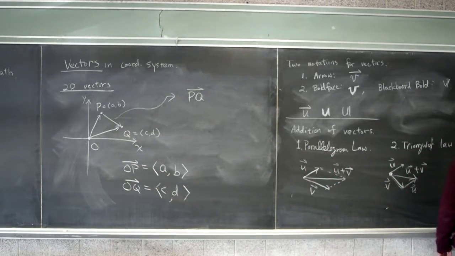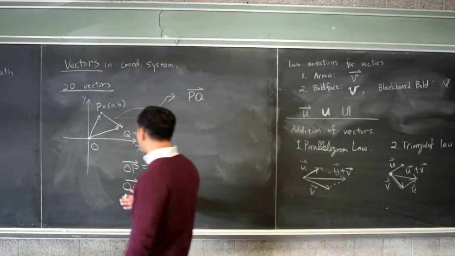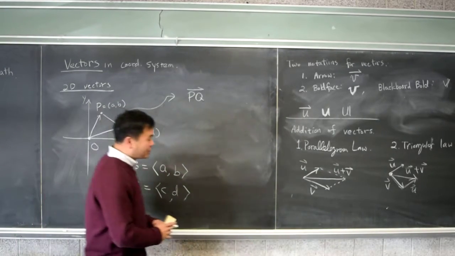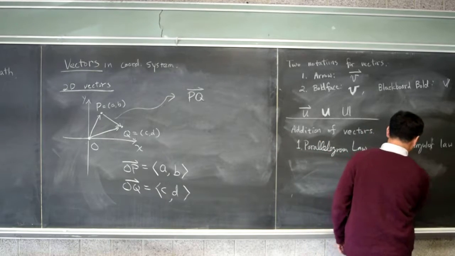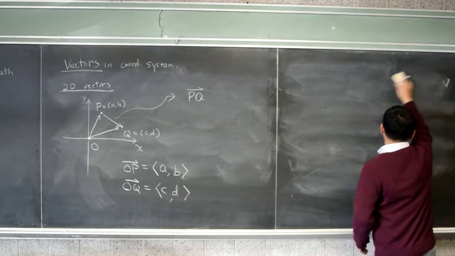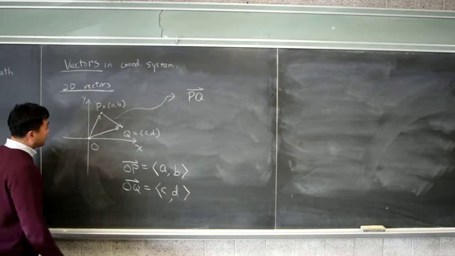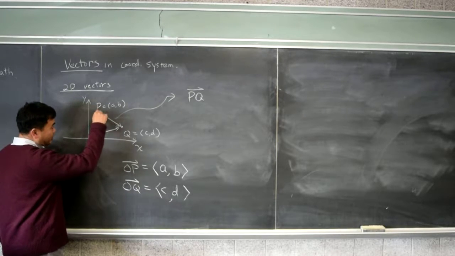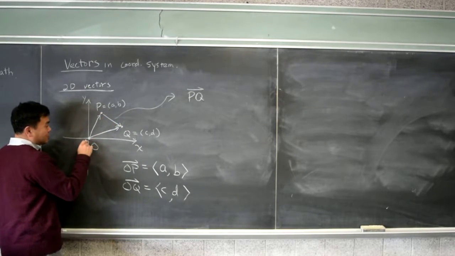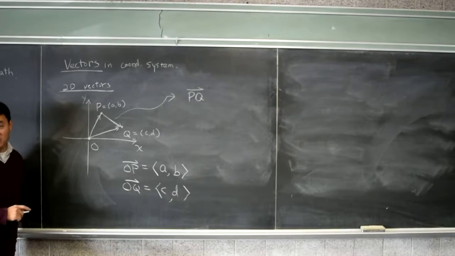All right. Now, for those of you who usually learned only the parallelogram law and did not care much about the triangular law, this is a good time to see the value of the triangular law, because you see here this is OP, that's PQ, and if you add OP plus PQ using the triangular law, what's the result?